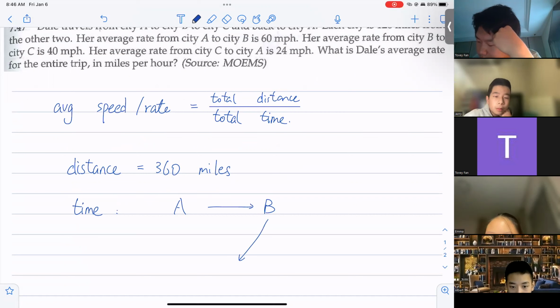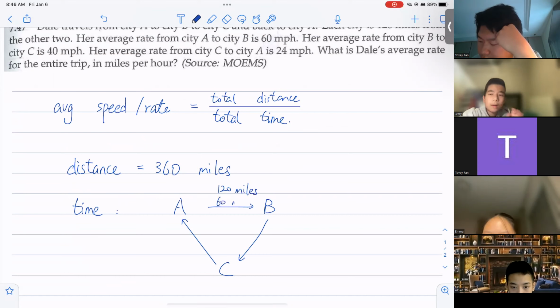So A to B, B to C, and C back to A. Now, A to B is 120 miles, and the speed is 60 miles per hour. So you divide them, and the time from A to B is 120 divided by 60, so 2 hours.